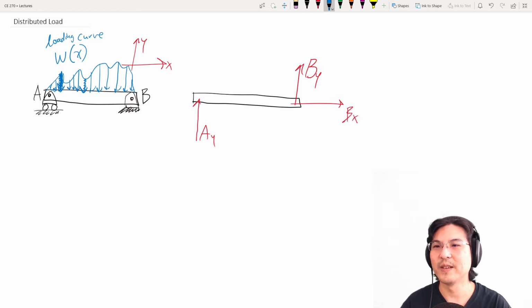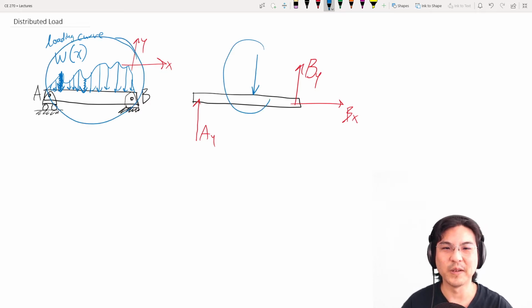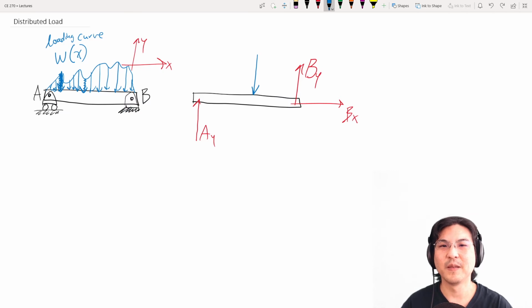And here's the big trick: you can represent this distributed load as a single discrete force. So you're modeling it, you represent this as one force. The magnitude of this force is the area of this shape.